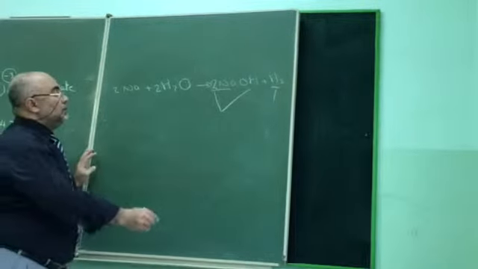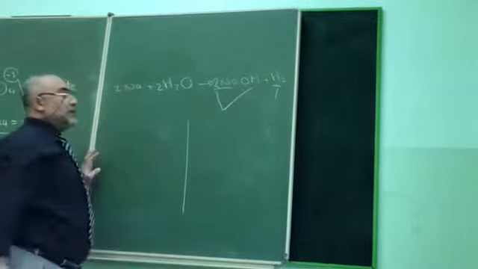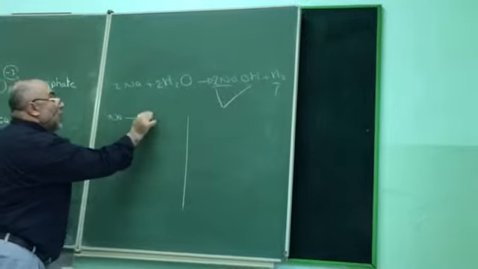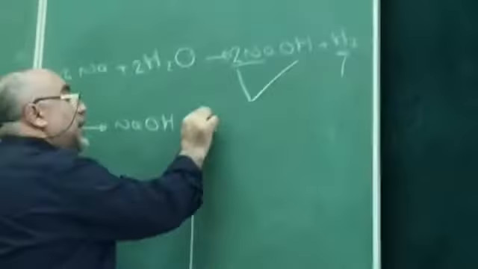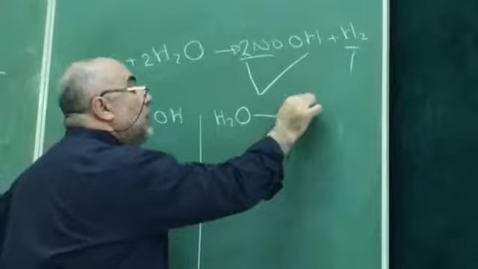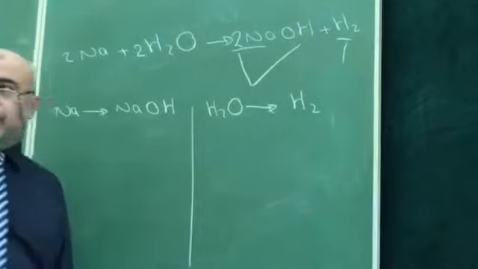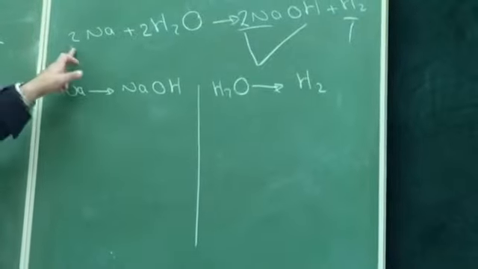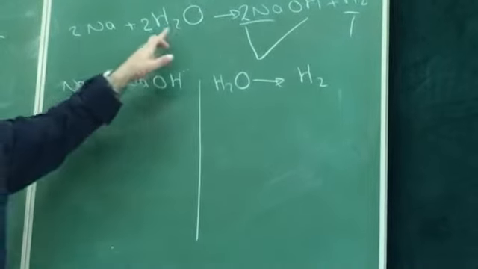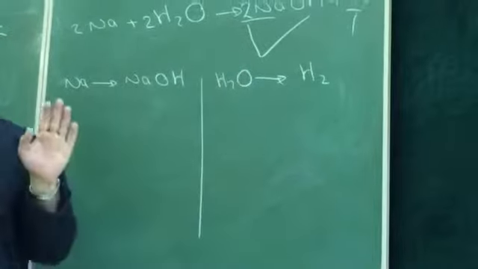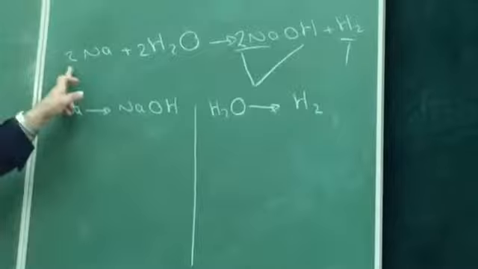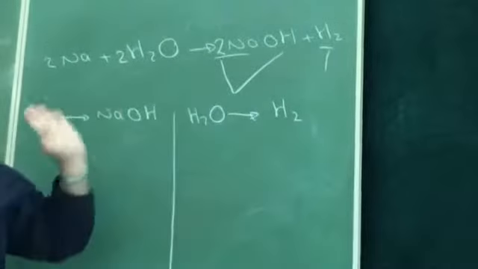One by one. Make half reactions like this. We have sodium, Na, converts to NaOH, and also H2O converts to H2. And don't forget, there is no effect of balancing on the oxidation number.